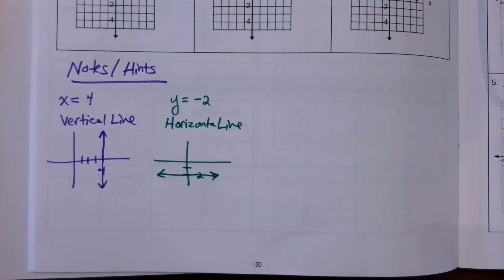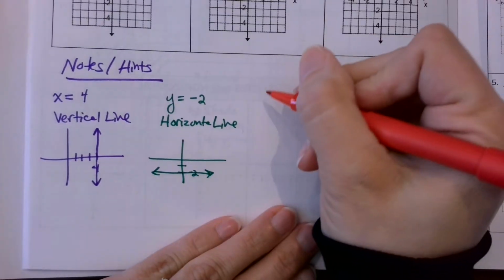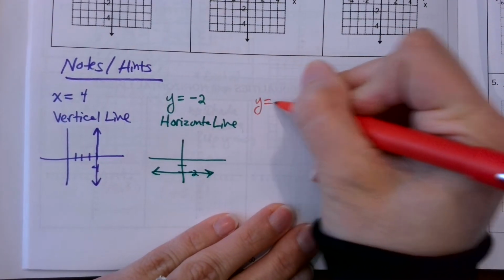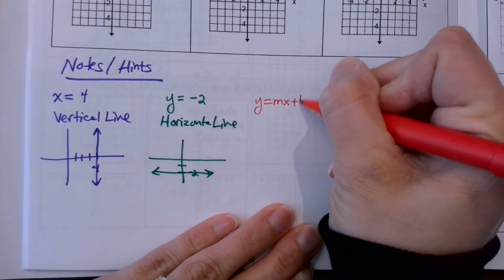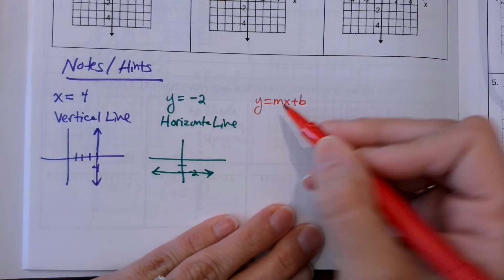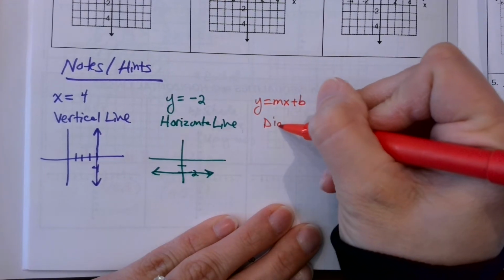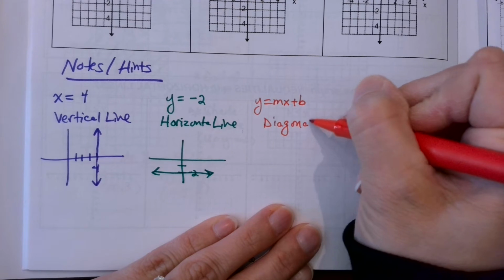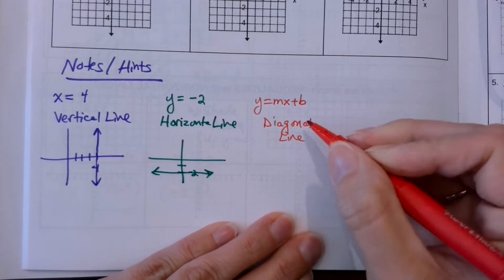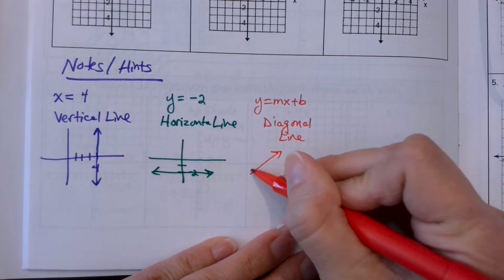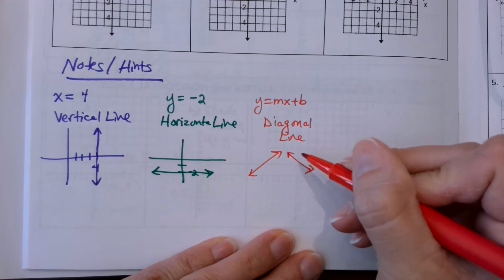line. Okay, now things get a lot more interesting when there's two variables. So if you have things like y equals mx plus b, and you have an x and a y, that's going to be a diagonal line. Now I'm not sure if the diagonal line's going uphill or downhill. It could go either way.